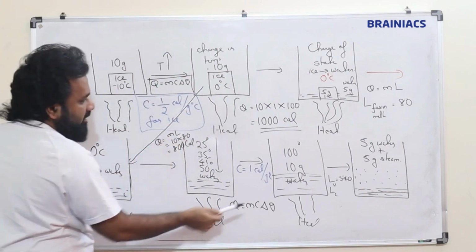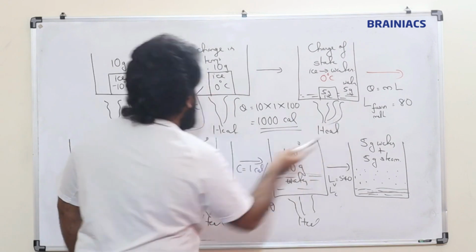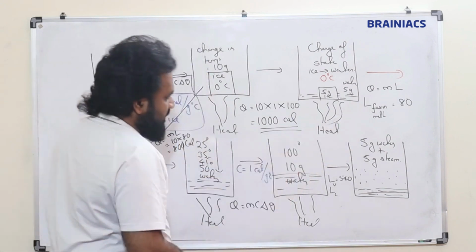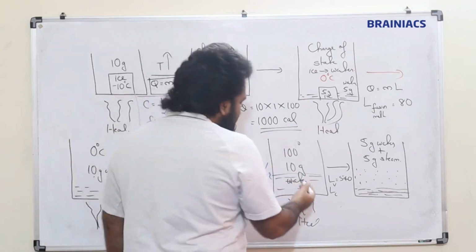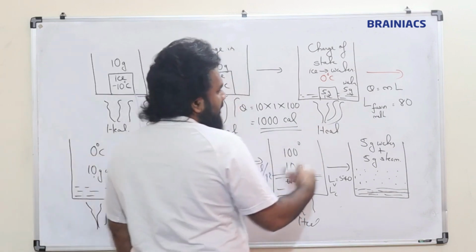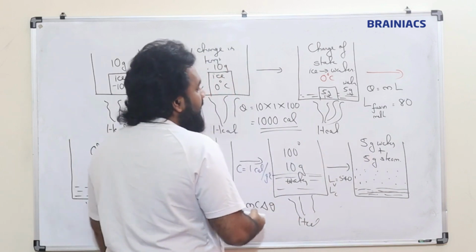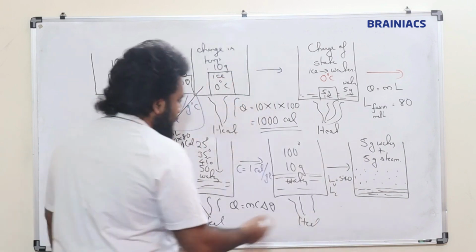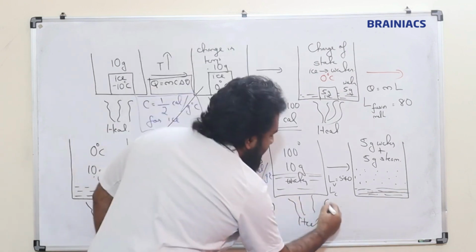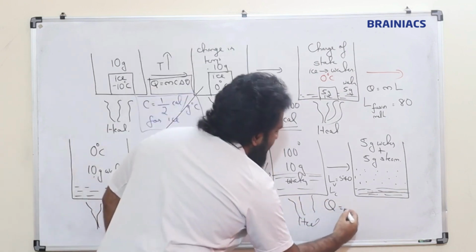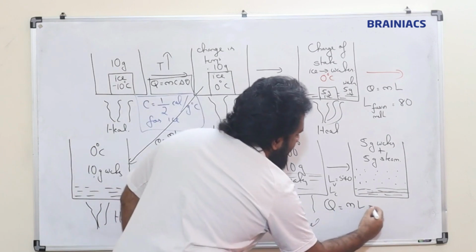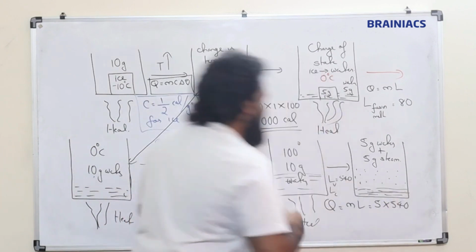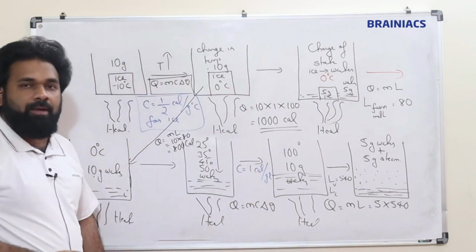We substitute the latent heat of fusion into mass. Now in this process, 10 gram of water is converted into 5 gram of steam. So for that the heat required is mL, so 5 into 540.